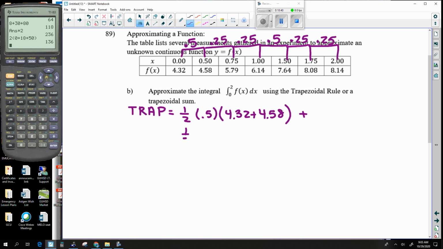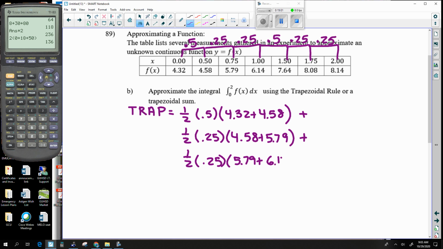The second one has a height of 0.25, base 1 plus base 2. The next one has a height of 2.5, base 1 plus base 2.